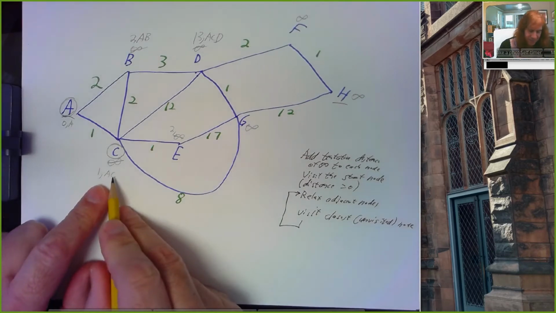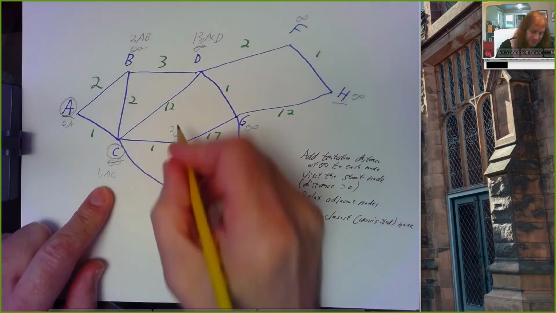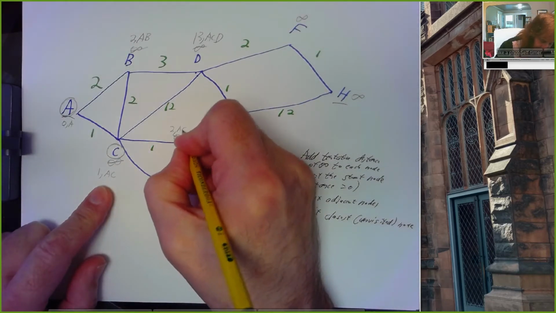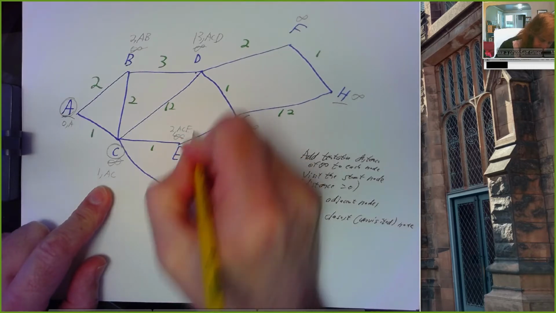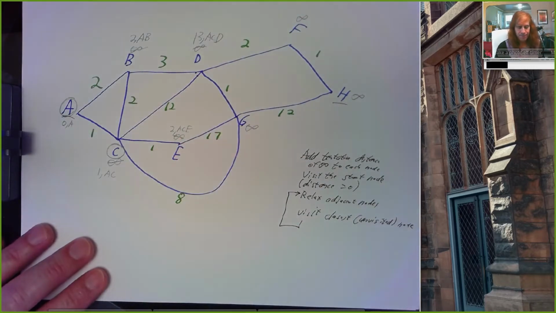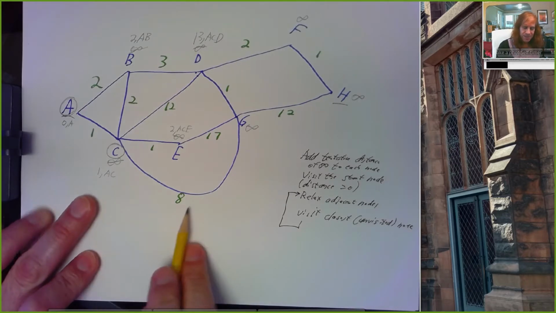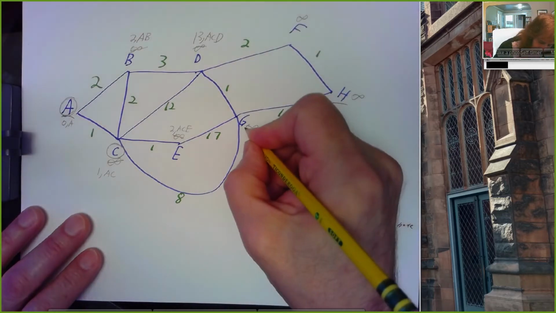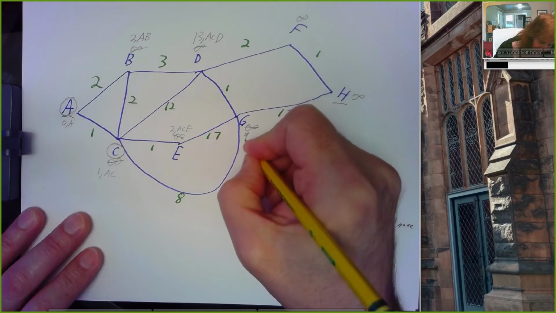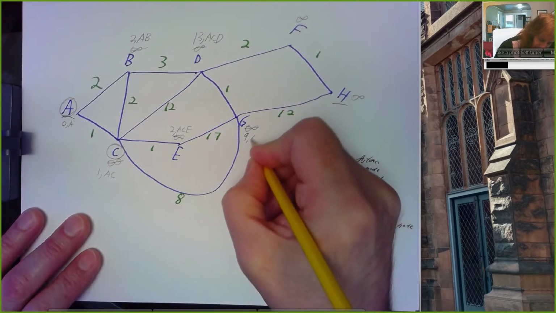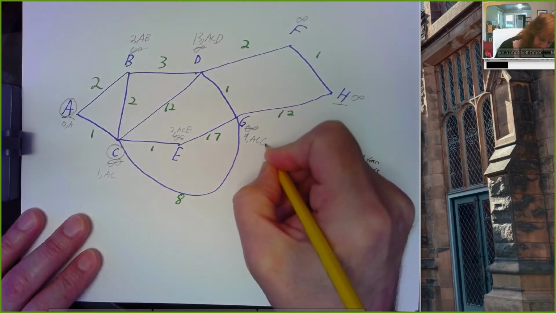And the path, well, take the path that got you here, which was AC, and then add this vertex, E. 1 plus 8 is 9. That's better than infinity, so we'll relax this to a 9. And the path is this path, AC, plus this vertex, G.